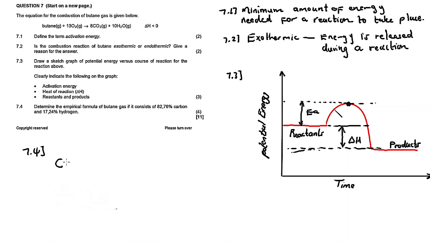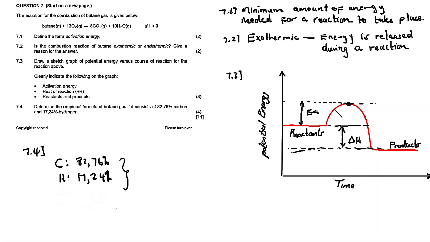We have carbon with a percentage of 82.76%, and then hydrogen with a percentage share of 17.24%.